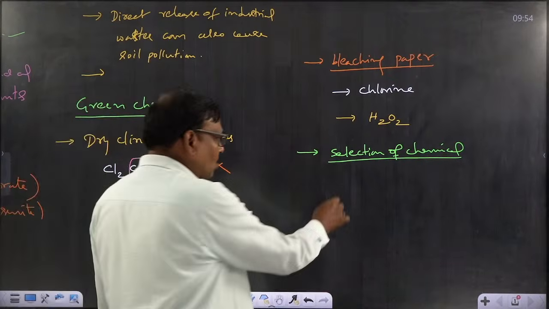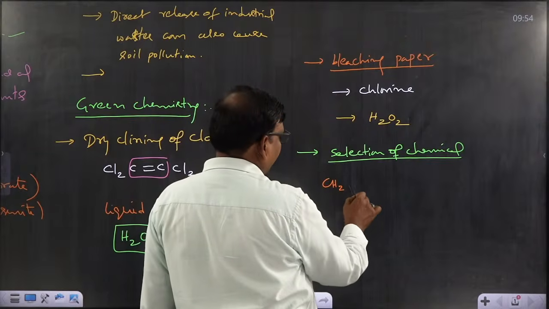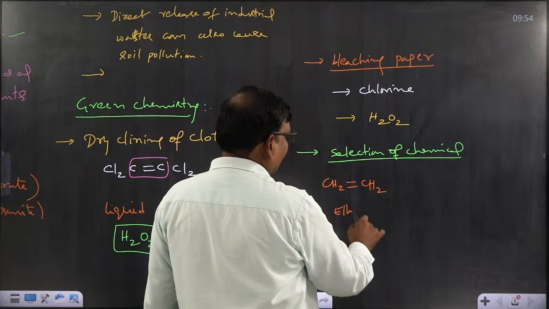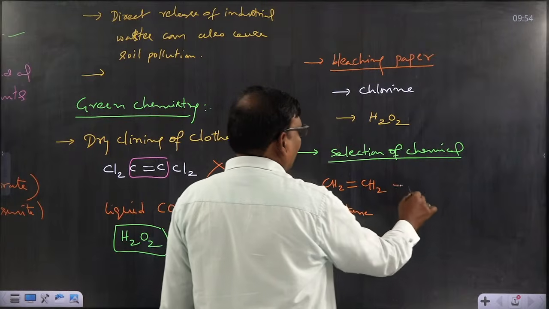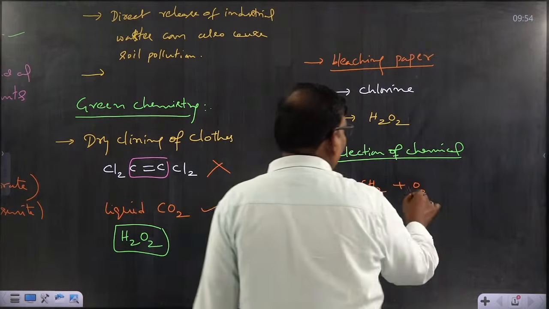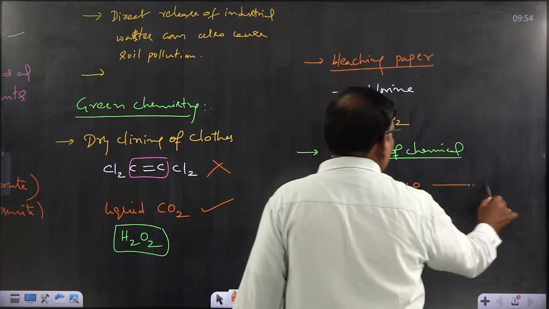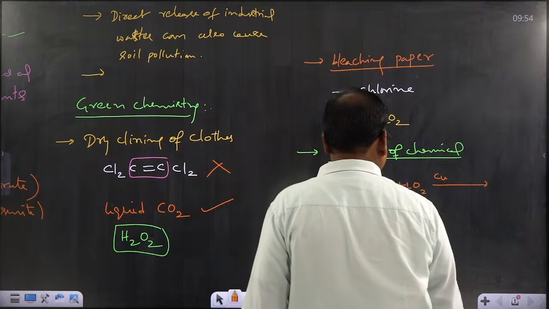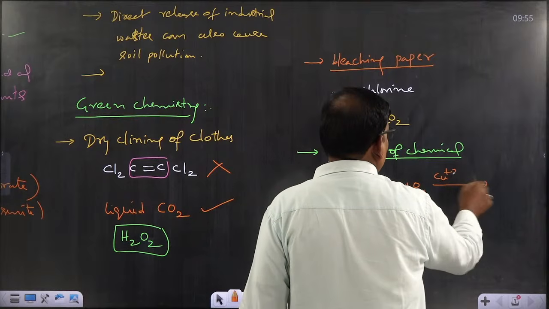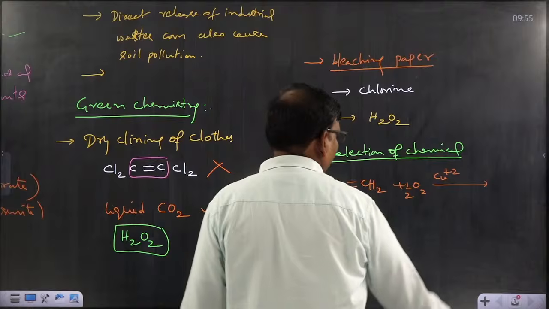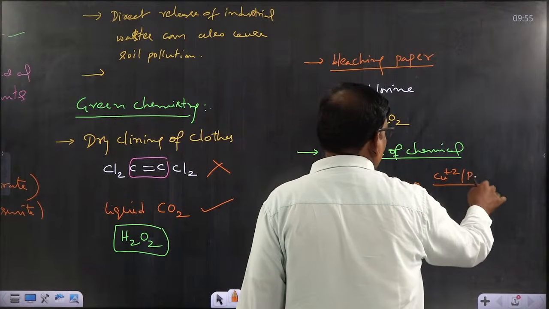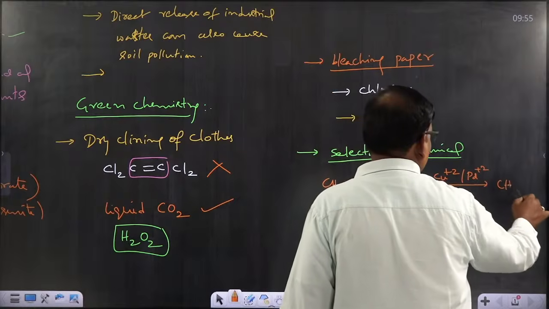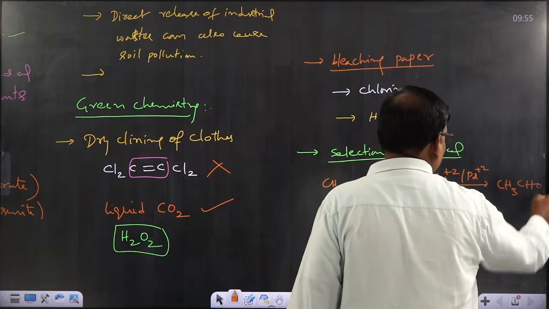For this, let us take an example: ethene, CH2=CH2. On oxidation in presence of copper 2+ or palladium 2+, the required product is obtained in 90%, that is ethanol.